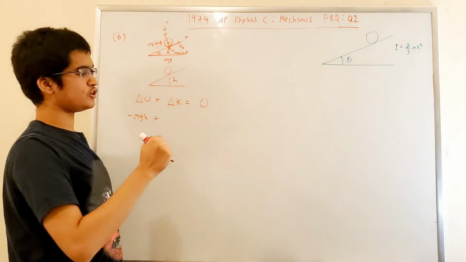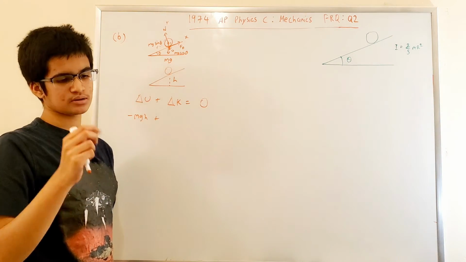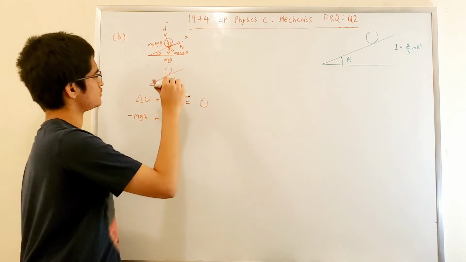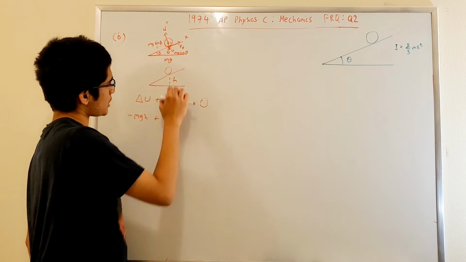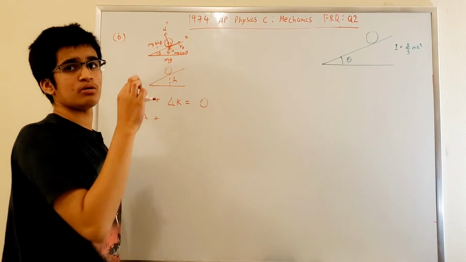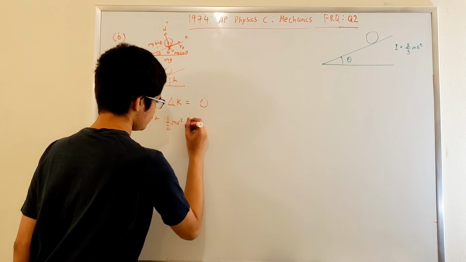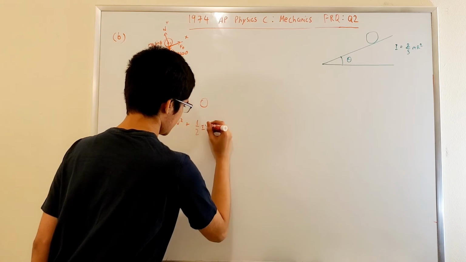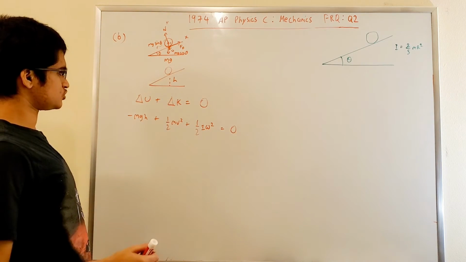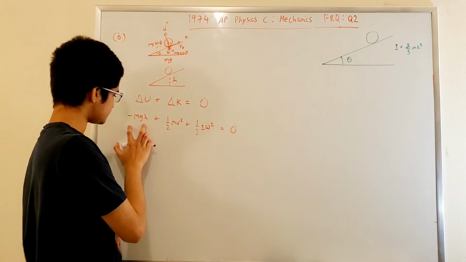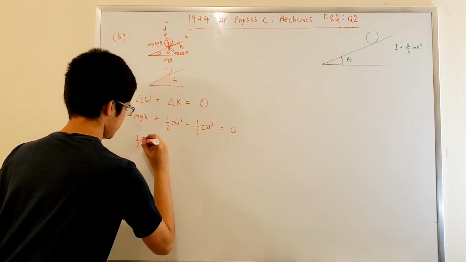In the case where the ball is rolling, our initial kinetic energy is 0, and our final kinetic energy is 1/2 mv squared plus 1/2 I omega squared. We can bring this term to this side, and we get this.